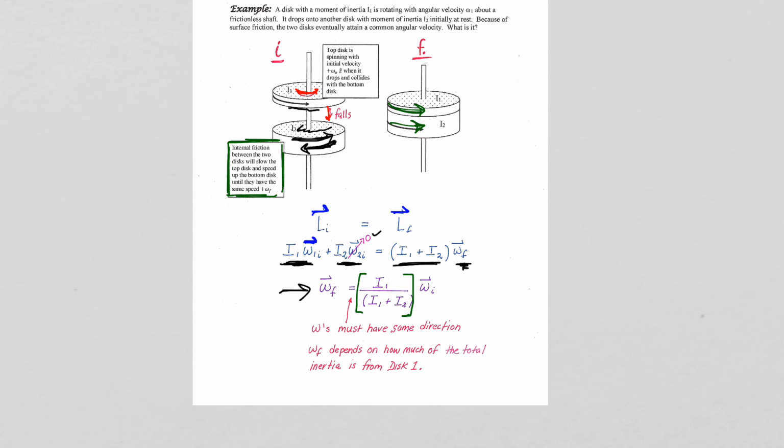So if the initial disk, the spinning one, dominated the system, so it was really heavy, really big, now the bottom disk has to be strong enough to support it, but as long as it's strong enough, if the inertia of the bottom disk is insignificant, then the final velocity will equal the initial velocity, and that would make sense, I think, because the top disk would just steamroll the light bottom disk sitting beneath it.